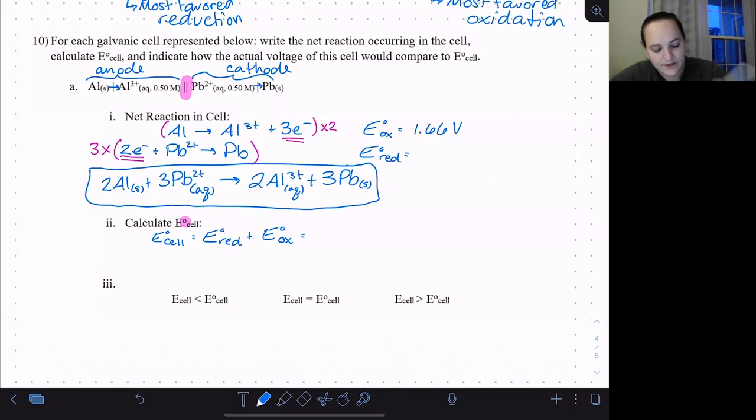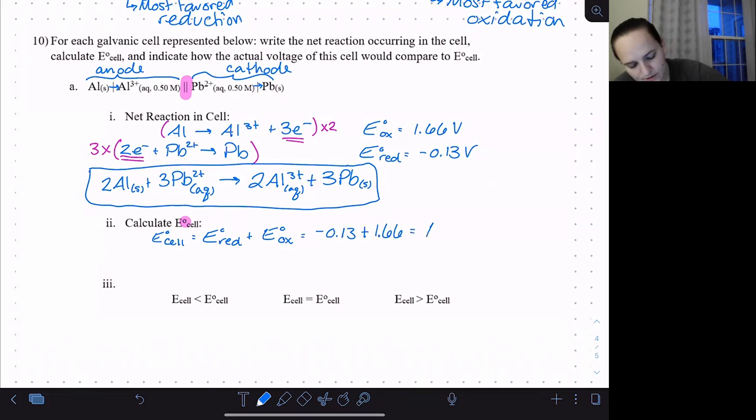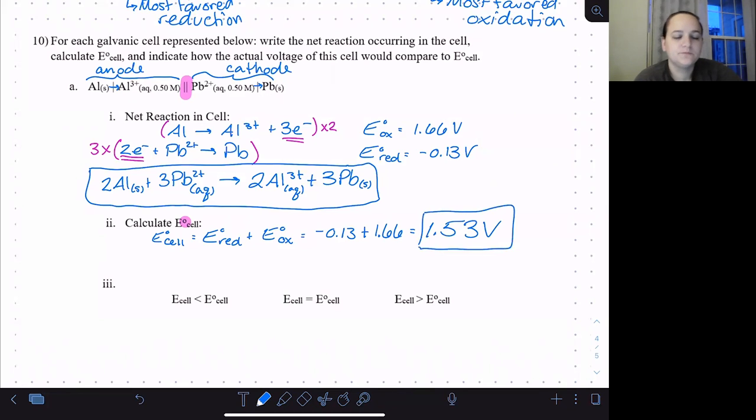Our standard oxidation potential for aluminum to aluminum 3+ is 1.66 volts. Our standard reduction potential for lead 2+ to lead 0 is negative 0.13. So we'll have negative 0.13 plus 1.66, which gets us a standard cell voltage of 1.53 volts.